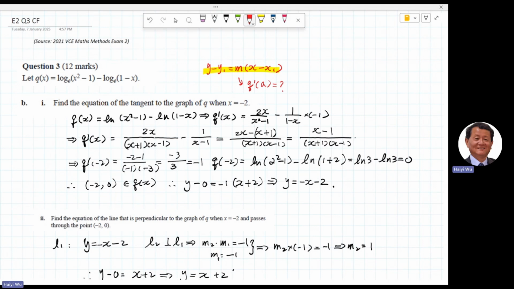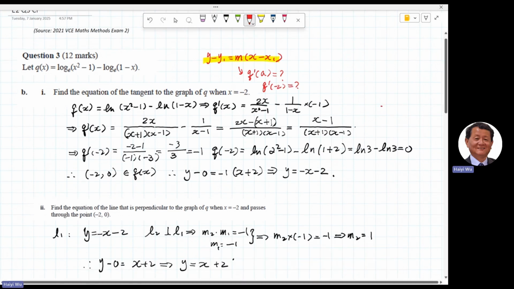So now we need to find q'(-2), so that we can solve for the straight line.